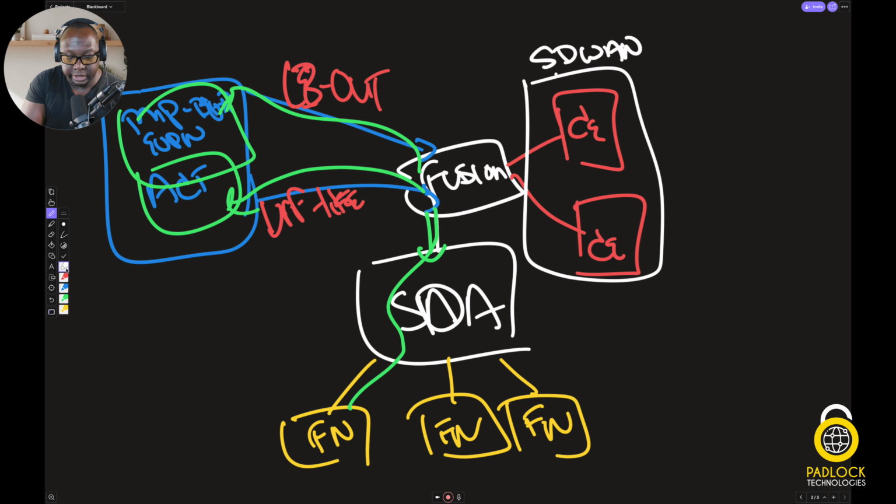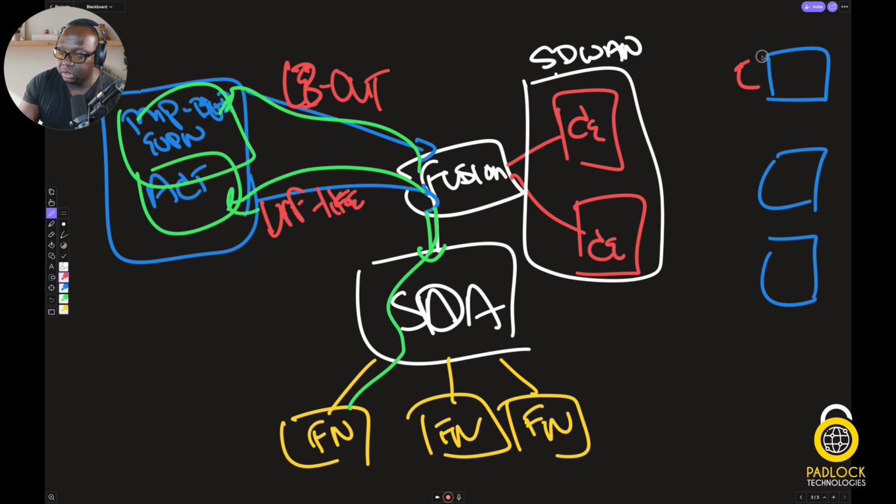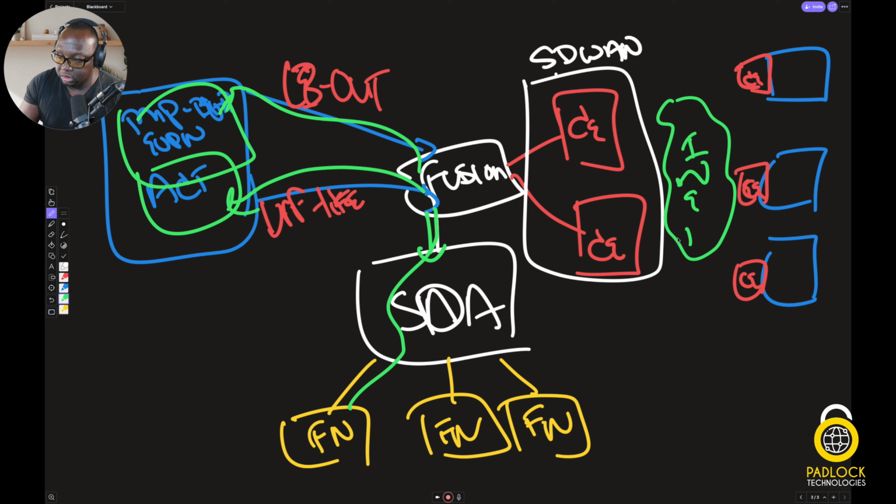So other sites, let's say we have a site here, site here, site here. These sites would have their own CE. And then you have, let's say, a cloud here, INET. And then you have your tunnels.